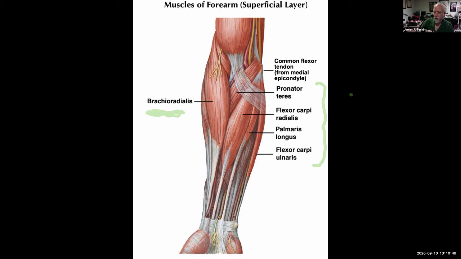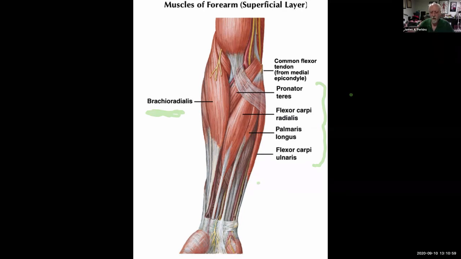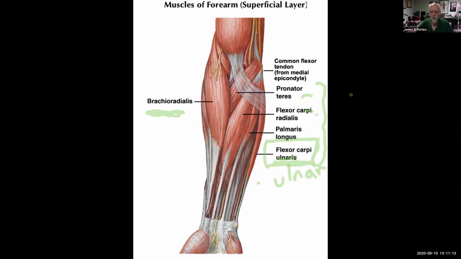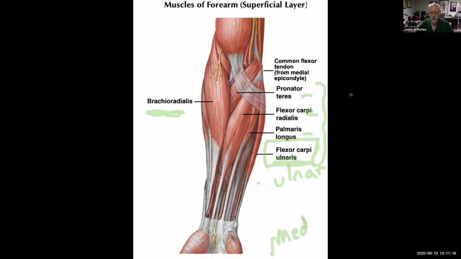So all except 1.5 of these anterior compartment muscles are supplied by median nerve. Only 1.5 are supplied by ulnar nerve. And flexor carpi ulnaris is one of the muscles that's supplied by ulnar nerve. So that's supplied by ulnar. Everything else, pronator teres, flexor carpi radialis, palmaris longus, those are all supplied by median.